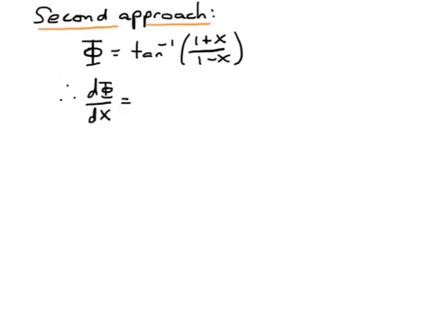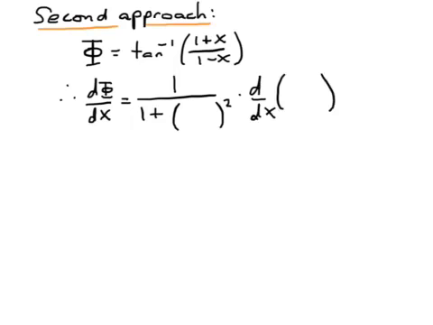And the derivative of arctan is 1 over 1 plus whatever is in the argument squared, multiplied by the derivative of the argument. So all I'm doing here is using the chain rule. And what was the argument? It was 1 plus x over 1 minus x, and here 1 plus x over 1 minus x.